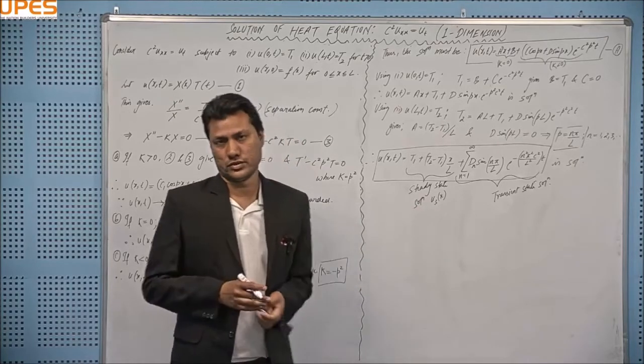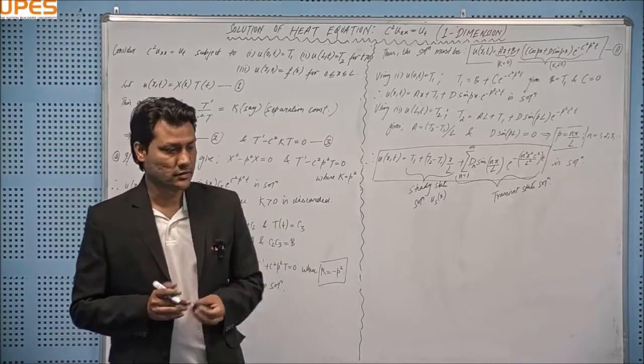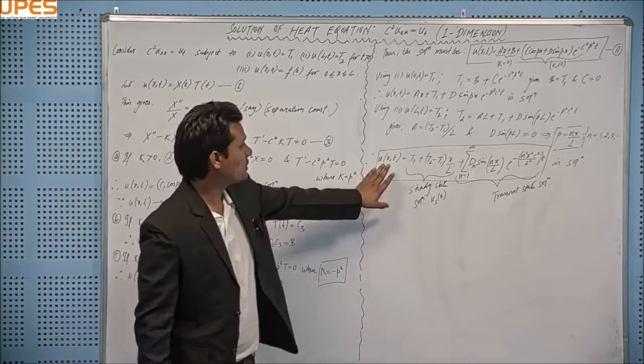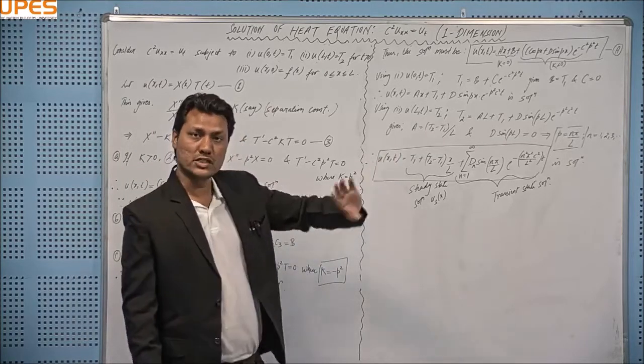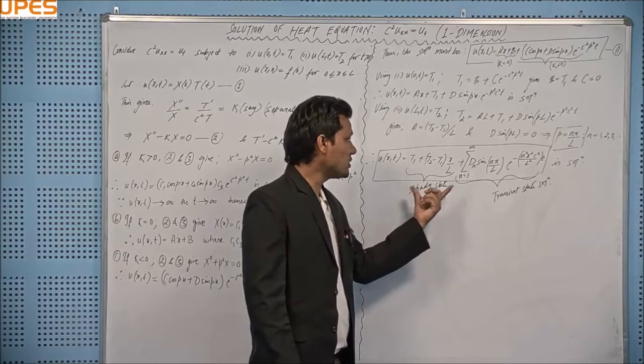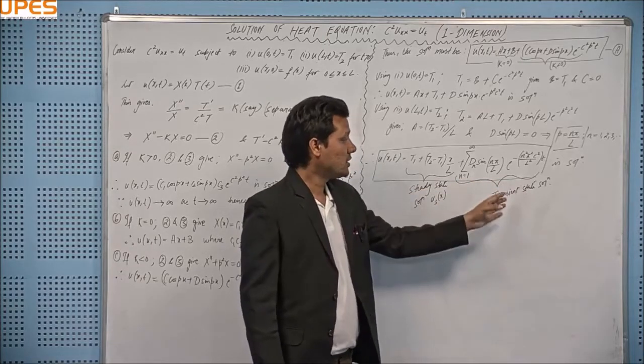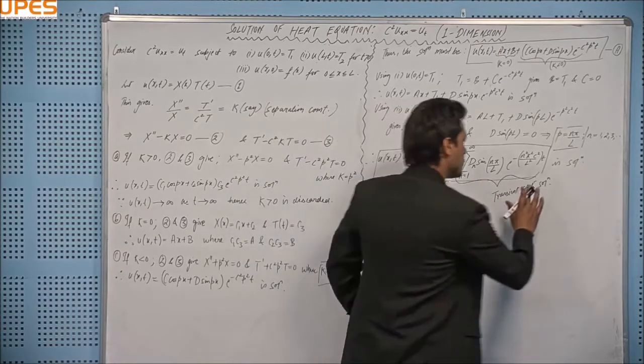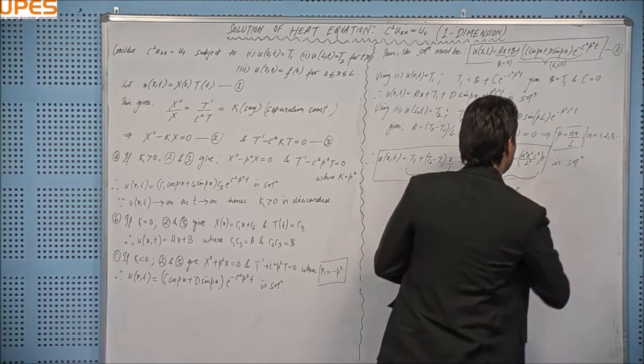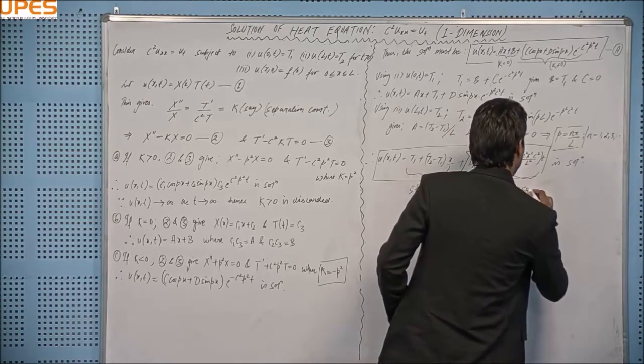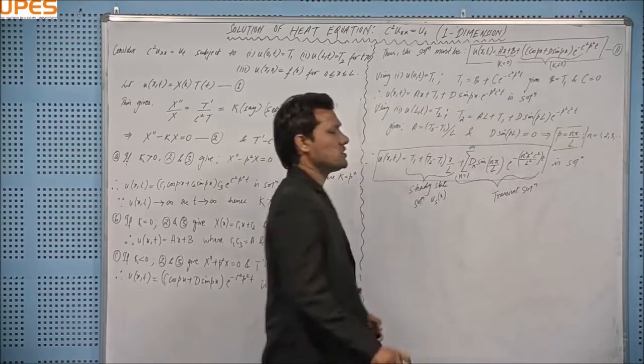Or stable solution, right? And our complete solution is actually equal to the sum of two solutions. One is the steady state solution and another is the transient state solution. Transient solution or transient state solution, both words are used. And what do we mean by transient solution?